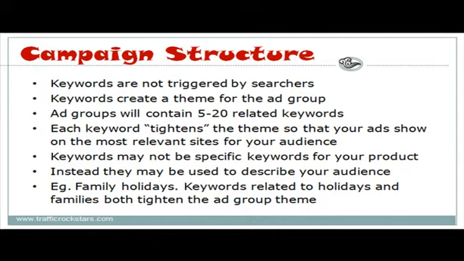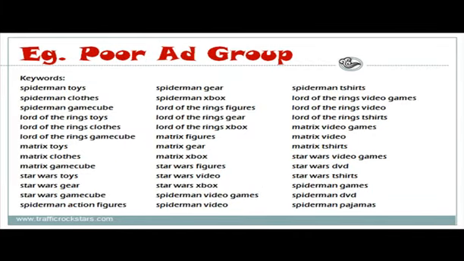So remember to use your keywords to tell Google the types of sites that you want your ad to show on. As an example, here Google shows us a poor ad group, and we can see there's a few different movies thrown in there, a few different products, there's games, there's toys, there's clothes, and it's all chucked in the one ad group. So there's a theme here, but it's not really that tight.